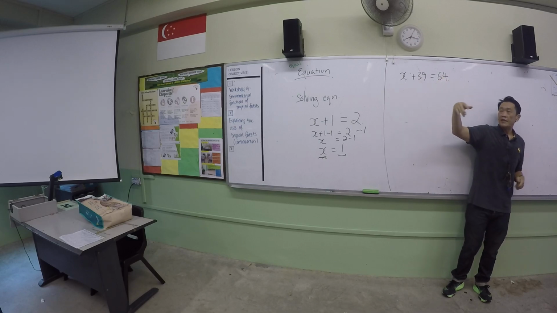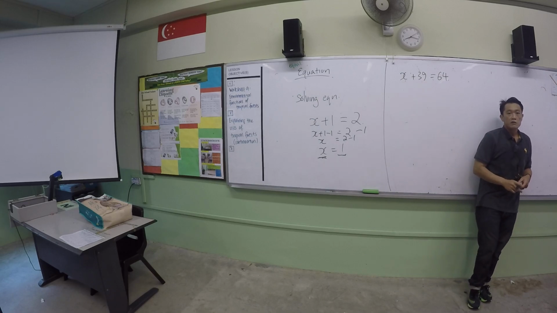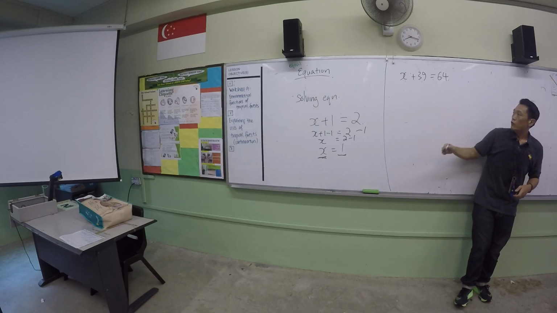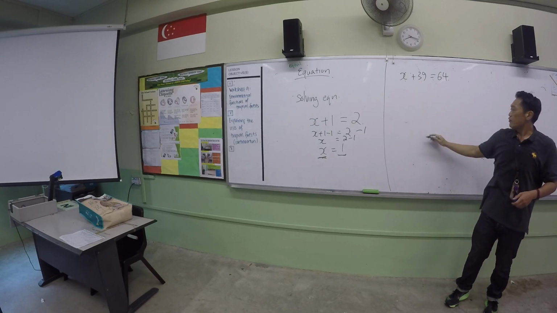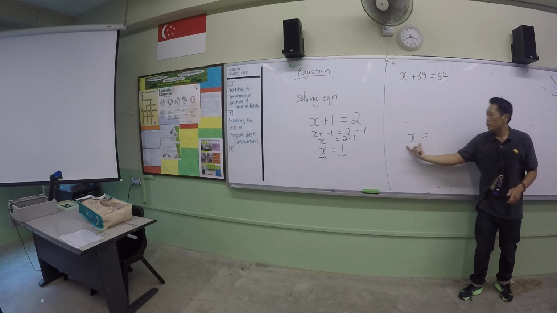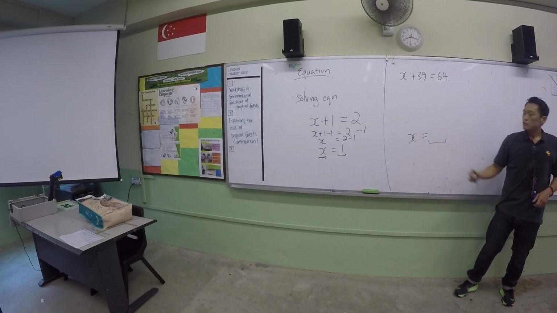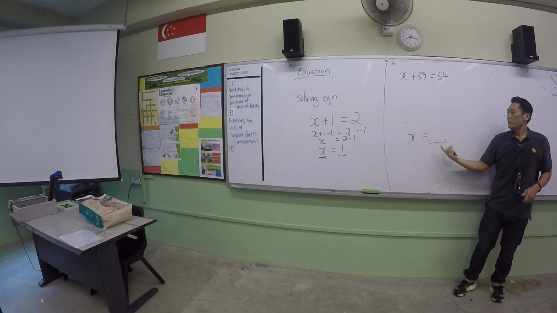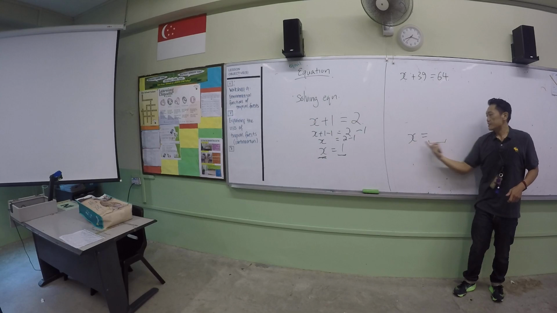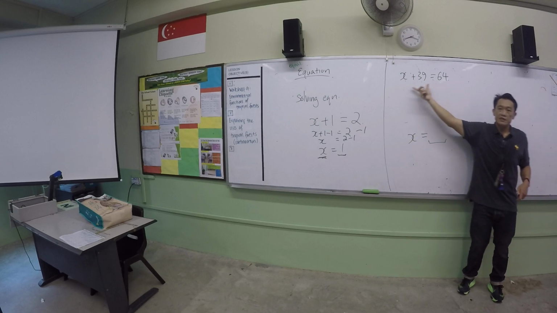Or maybe some of you, the mental sum very strong, you can straight away see what plus 39 will make 64. Okay? But if I cannot see, what can I do? I know that if I write equivalent equation until my x is on one side, then I will know x must be the same as this number, so that left and right side are the same.